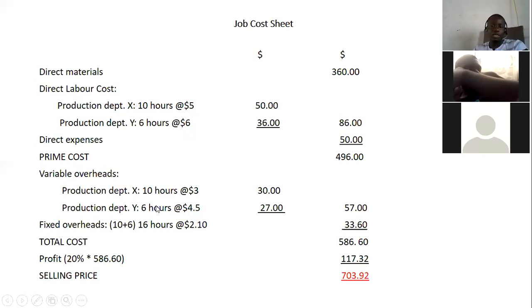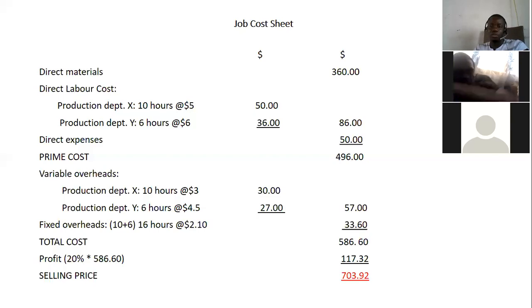In the same way, to find the total fixed figure, you sum up the total hours that have been spent on the job. That will be 10 plus 6, which gives us 16 hours.